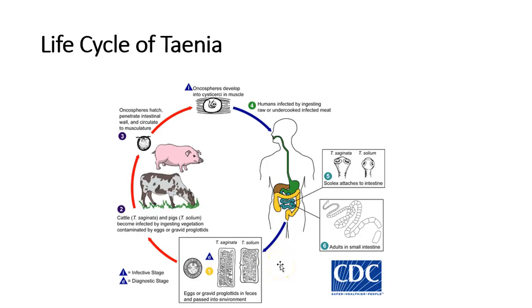In humans, the scolex attaches to the intestinal tract and begins to get its nutrition from you. And as long as you don't get too large a number, you can generally do okay. You can get a pretty good infestation of these guys. I have seen this.